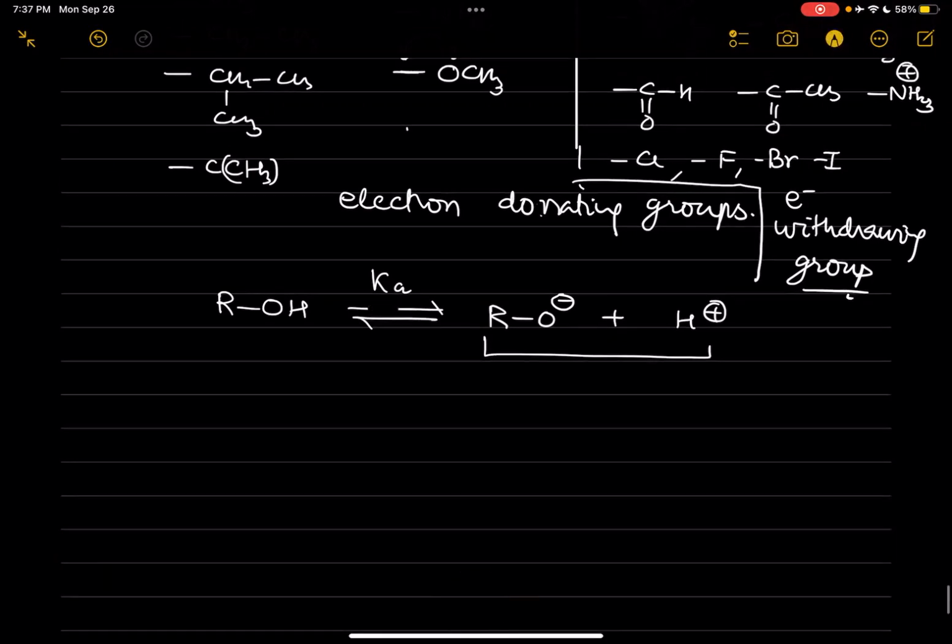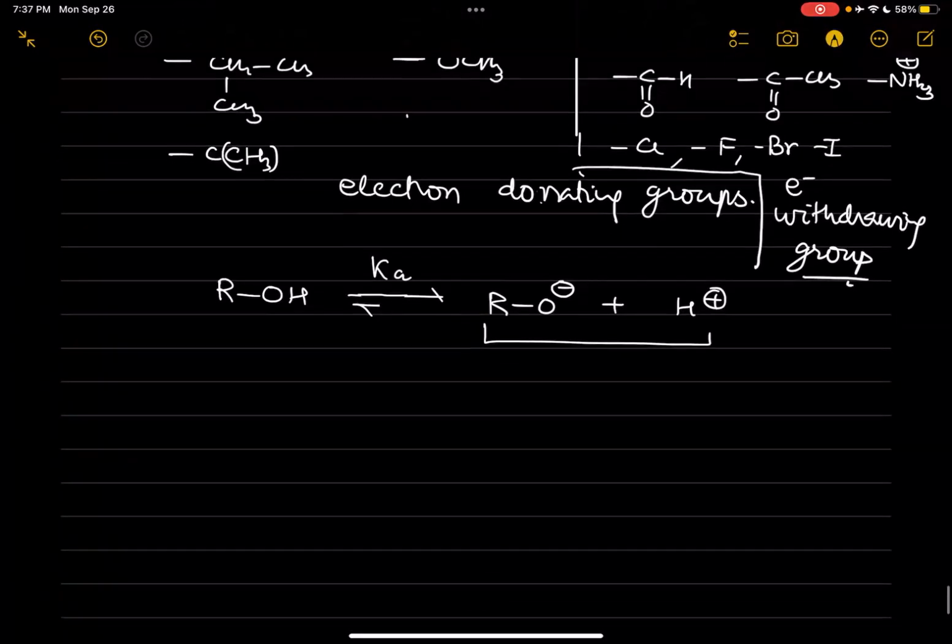If the dissociation into ions is more, the equilibrium constant is going to be higher, a larger value.